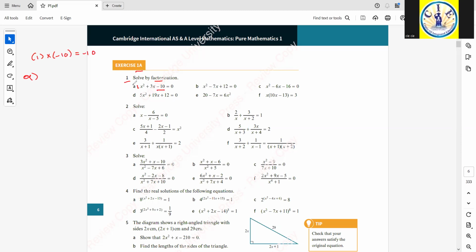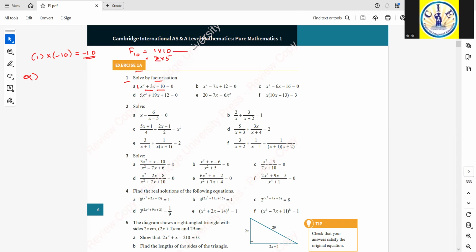Okay. Now I need to choose the factors of 10, which when added and subtracted may produce positive 3, and their product should again be producing negative 10. Since the factors of 10 are either 1 and 10 or 2 and 5.